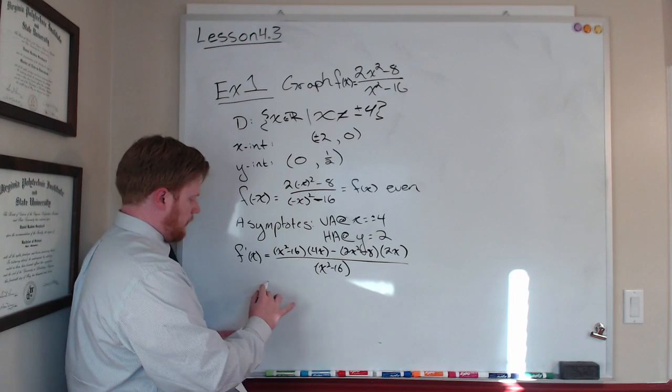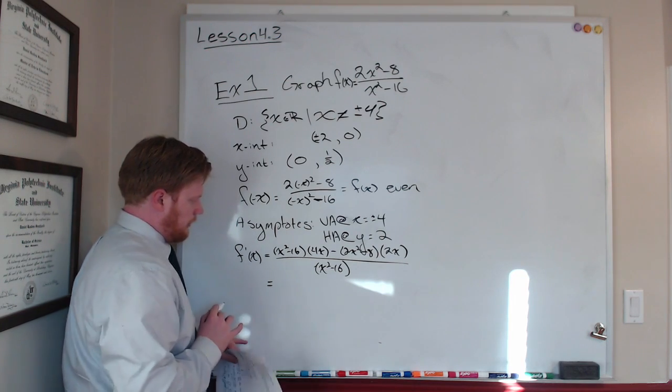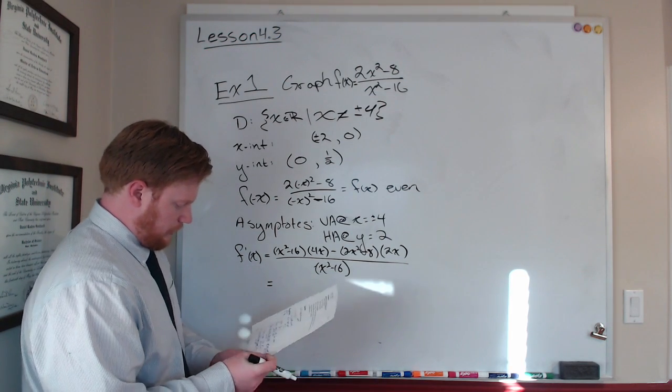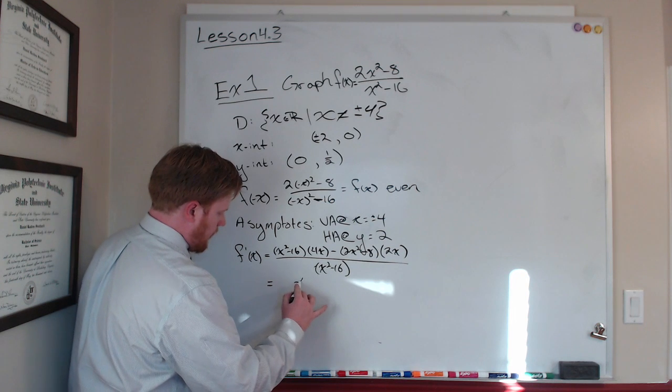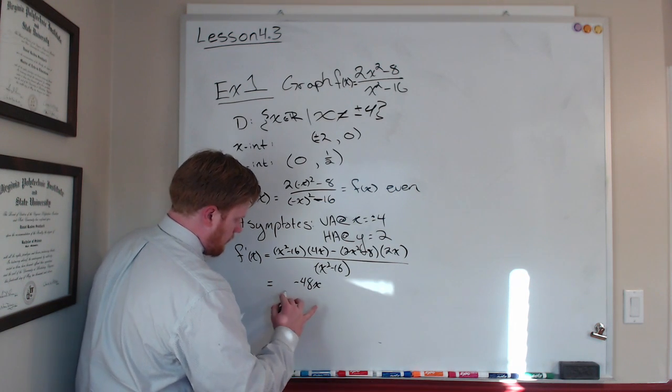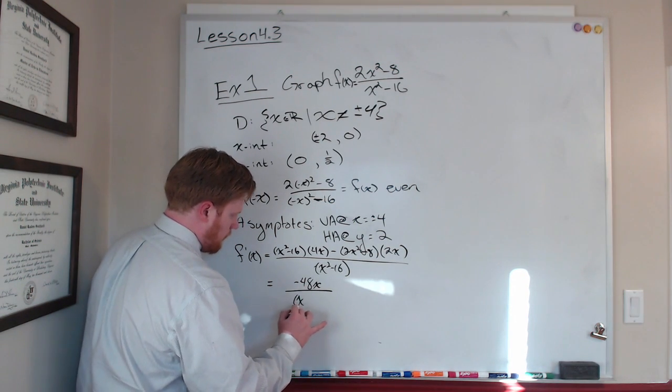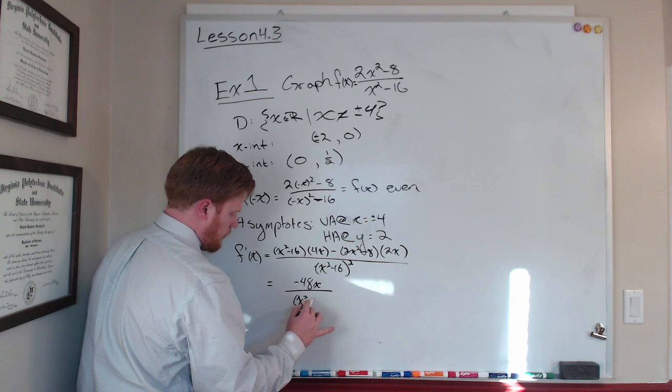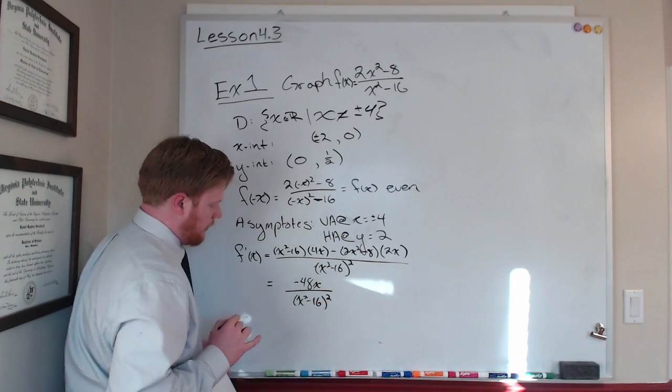Now, I'm going to take some liberty and simplify this real quickly down to negative 48x over x squared minus 16 squared.